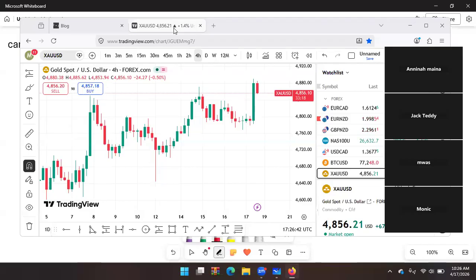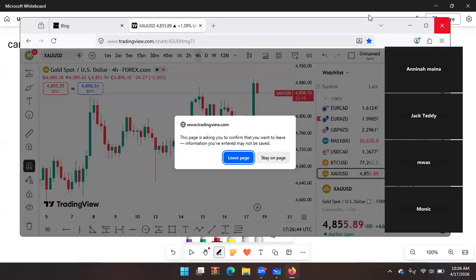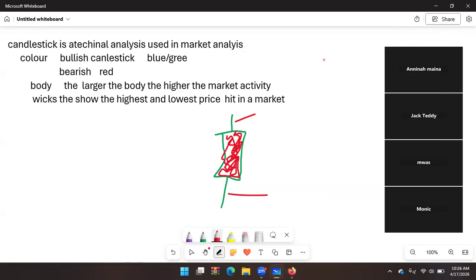With that, we can say we have started to identify what a candle is. We said it is a technical analysis tool used in market analysis. For you to analyze a candle, the first thing to look at is the color. Then we have the body.